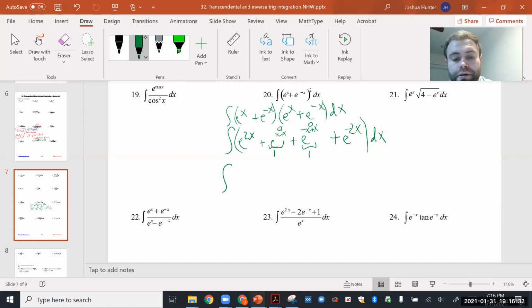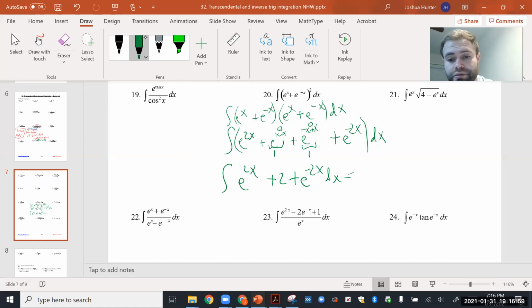Okay. So we're really doing the integral of e to the 2x plus 2 plus e to the negative 2x dx. All I did there was multiply out the (e to the x plus e to the negative x) getting squared. And now take its integral. An antiderivative of e to the 2x, I'm going to divide by the new power.